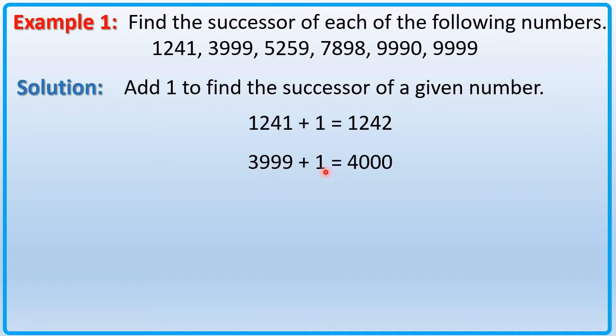3999 plus 1 is 4000. 4000 is the successor of 3999. Similarly, you go on adding 1 to the given numbers to obtain successors of the numbers given in this list.